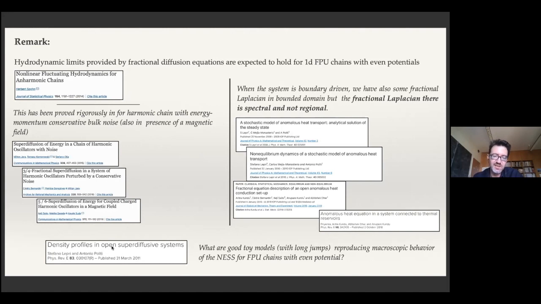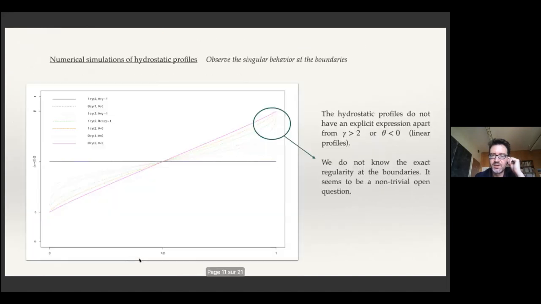So in some sense, these models reproduce these temperature profiles better than the exclusion process, even though in the exclusion process you have some more interactions. And it is something that I don't really understand, why it is so good here. And I have to say that in these profiles that you observe for FPU chains and for this Levy walks model, you have a picture which is very similar to this picture, in which you have some singularity at the boundaries.